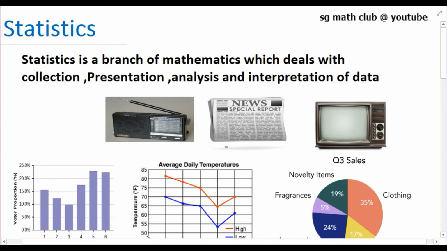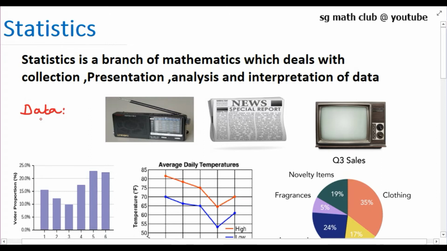These may relate to cricket batting or bowling averages, profit of a company, temperature of cities, expenditure in various sectors, etc. These facts or figures, which are numerical or otherwise collected with a definite purpose, are called data.